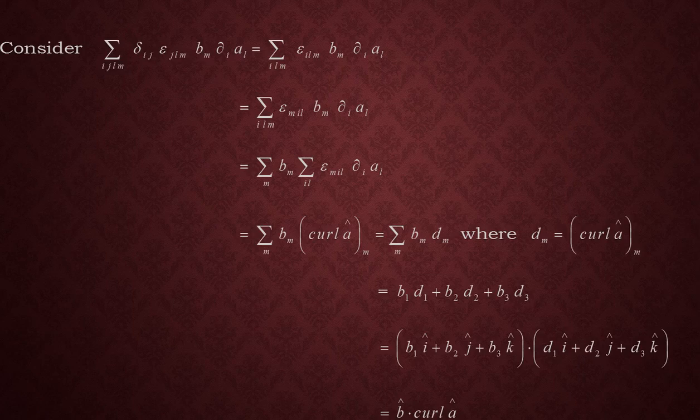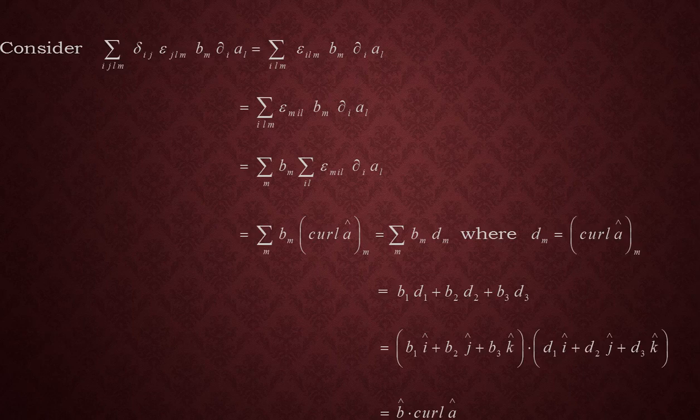So epsilon suffix ilm equals epsilon suffix mil. So I replaced epsilon ilm with epsilon mil and obtained the expression sigma suffix ilm epsilon suffix mil Bm dou i Al.